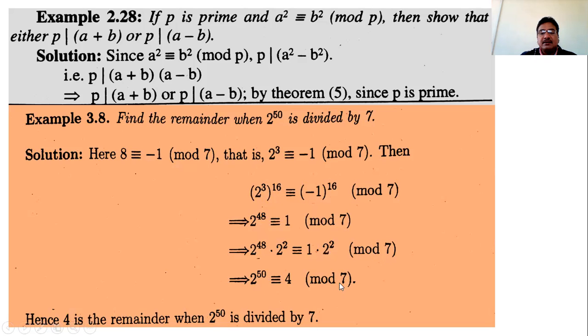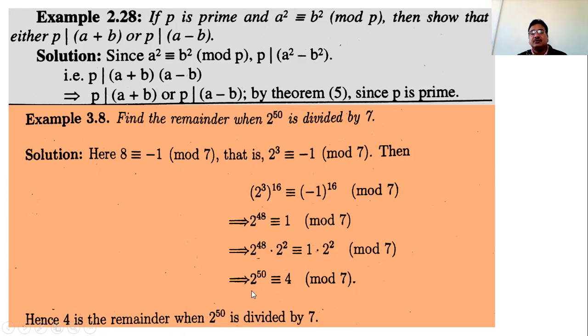And therefore 7 divides 2 raised to 50 minus 4. So if we divide 2 raised to 50 by 7, then 4 is the remainder, because 2 raised to 50 is congruent to 4 modulo 7 implies 7 divides 2 raised to 50 minus 4.